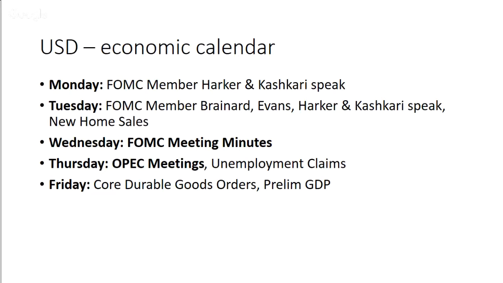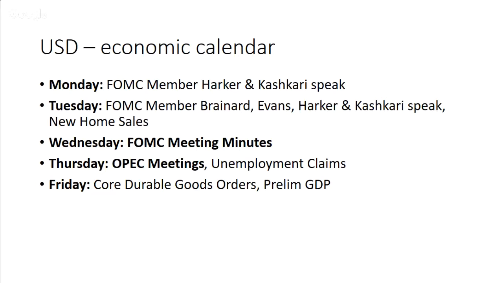Here you can see them in my calendar. On Monday, later today, we'll hear from FOMC members Harker and Kashkari. And on Tuesday, there will be many speeches: Brainard, Evans, Harker, Kashkari, and also on Tuesday, the release of the US new home sales.